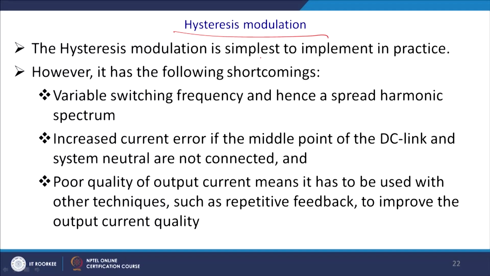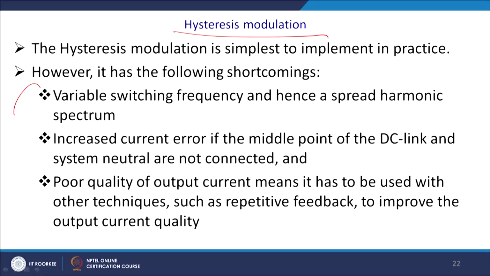Now, about the hysteresis modulation technique. This is a nonlinear modulation. We shall discuss it a little later in the class. Hysteresis modulation technique is the simplest to implement in practice.